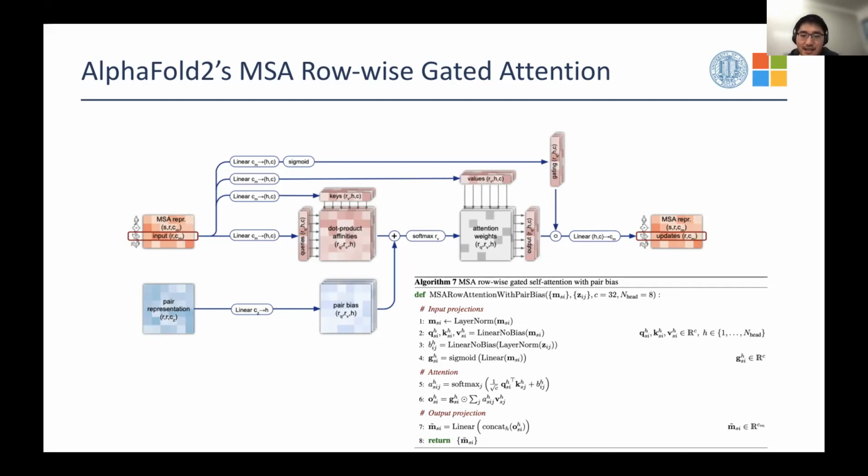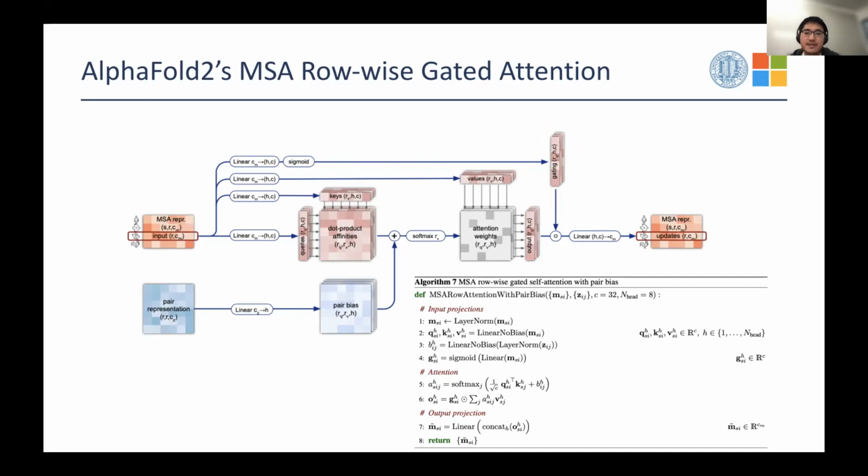They also have a separate gating part using exactly the same input R by CM, the upmost gate, and that is multiplied by the output from the attention weights.